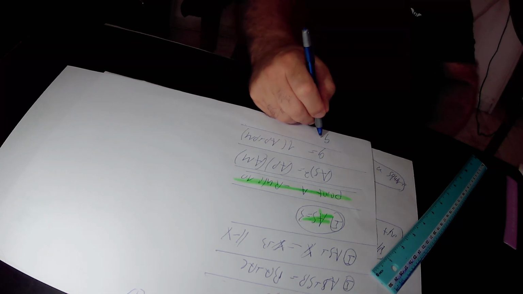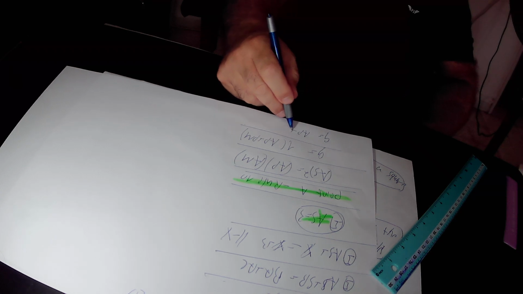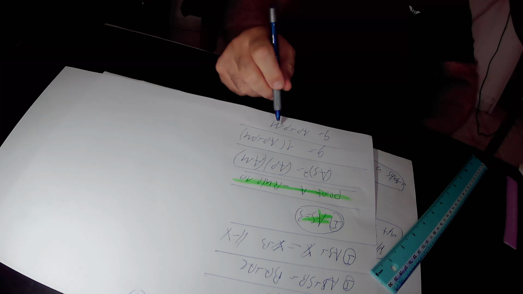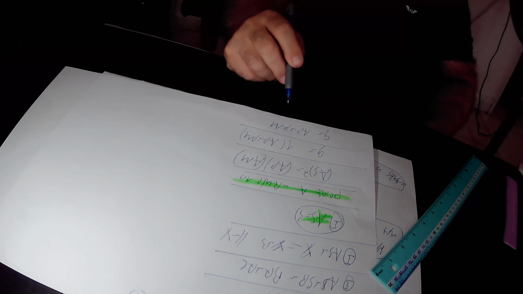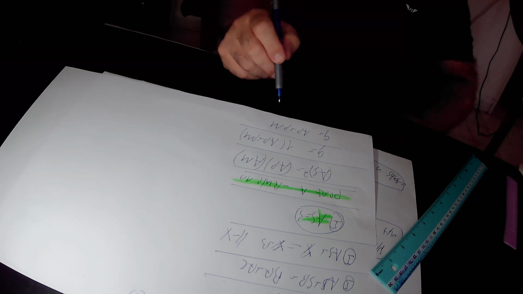So 9 equals AP plus PM. You can ignore 1 because when you multiply something by 1, it will not change the value of the expression. So in total, 9 equals AP plus PM.